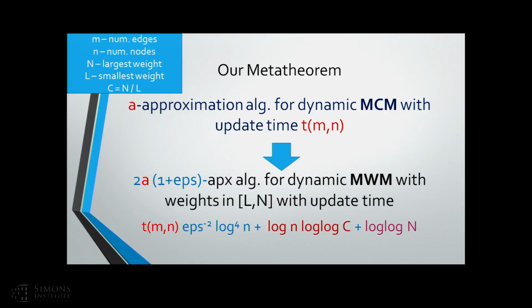The approximation factor doubles roughly, so you can set epsilon to be as small as you want, and the update time is within a polylog of this time. You only pay log of the largest edge weight instead of log n. Also, nicely, if this update time were deterministic, so is this one. If this one's amortized or worst case, this is also worst case or amortized depending on what it is.